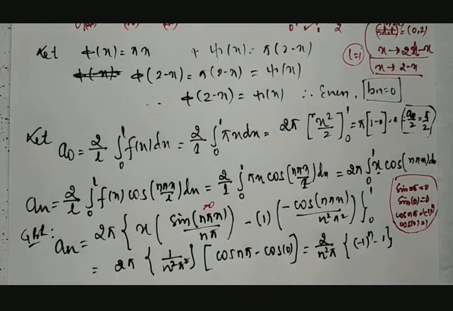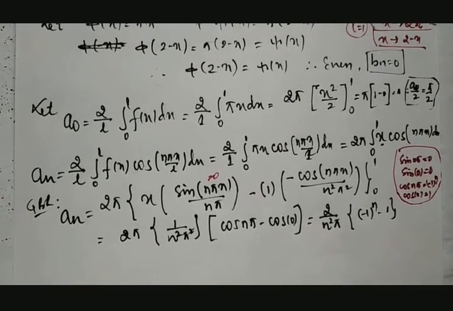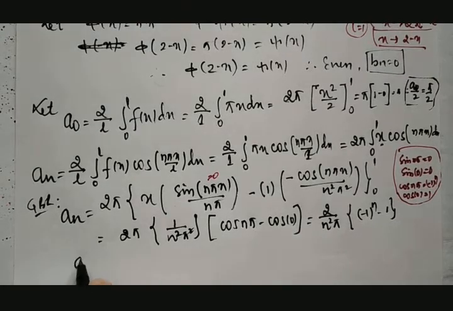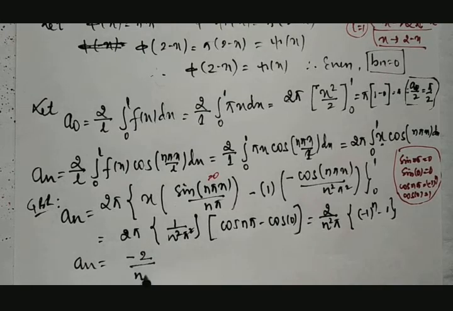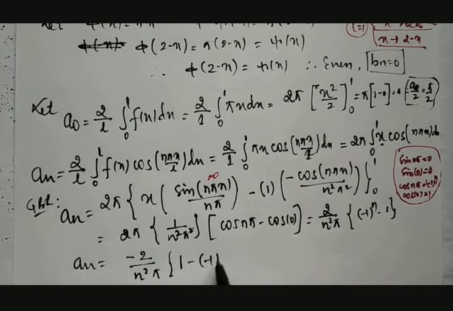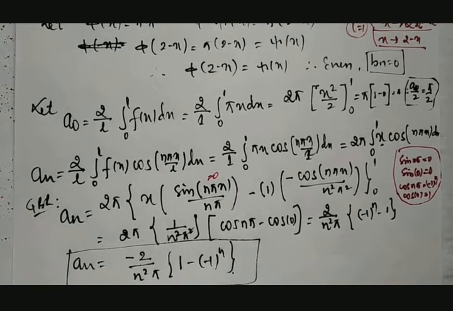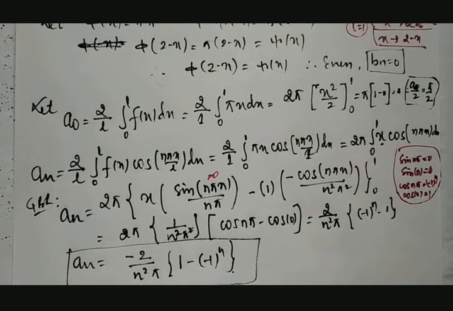But it is not preferable. Therefore, how will we take it? We will take it as an is equal to minus 2 divided by n square pi into 1 minus of minus 1 raised to n.